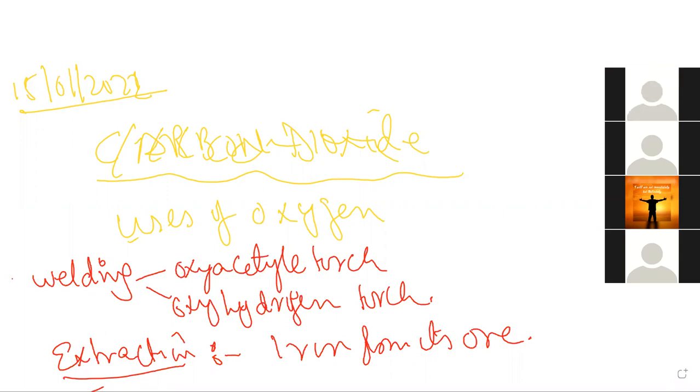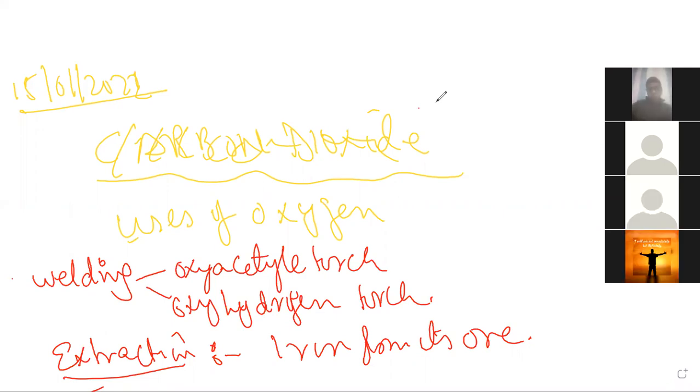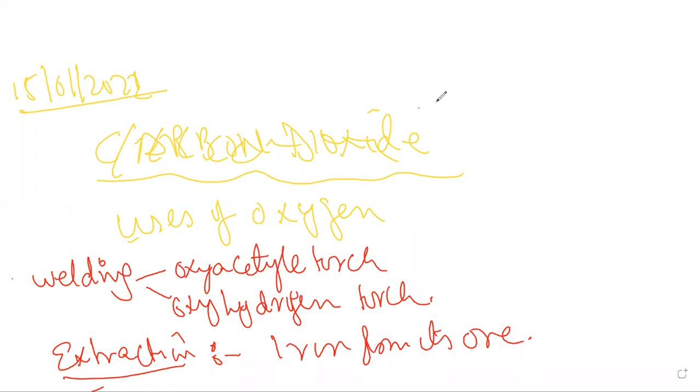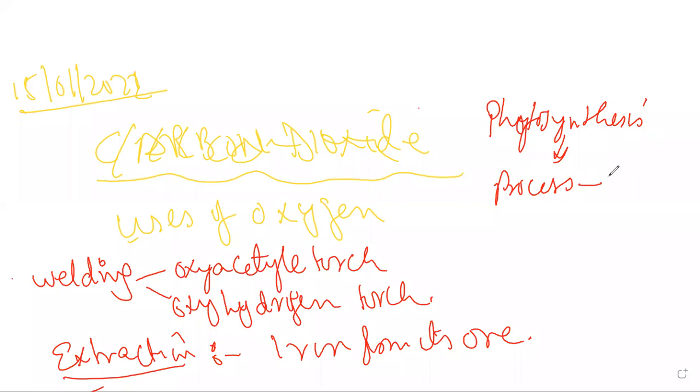You all studied in biology that photosynthesis is a process in which green plants make their food. You all know this? Yes, sir. Photosynthesis is the process of making food by green plants.